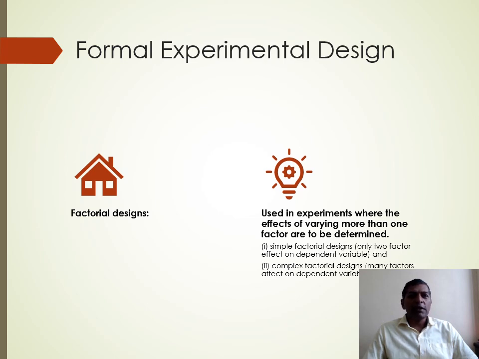In a simple factorial design, only two factors are affecting an independent variable. But if many more variables are affecting an experimentation or a dependent variable, then we can say that it is a complex factorial design.